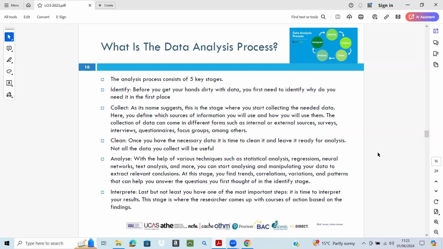So the first one is identify. When we talk about identification, the purpose is that before diving into data analysis, it's crucial to identify the objective and reason for conducting the analysis, and we need to understand why data is needed and what questions need to be answered.